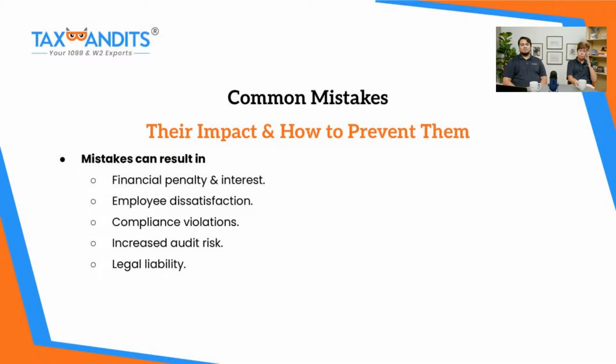And always, mistakes can result in financial penalties or interest, employee dissatisfaction, compliance violations, audit risk, and legal liability. So it's extremely important to make sure that when employees and contractors give you their information, everything is correct by what they've entered.